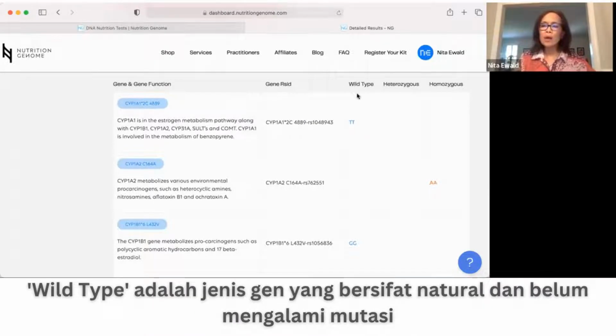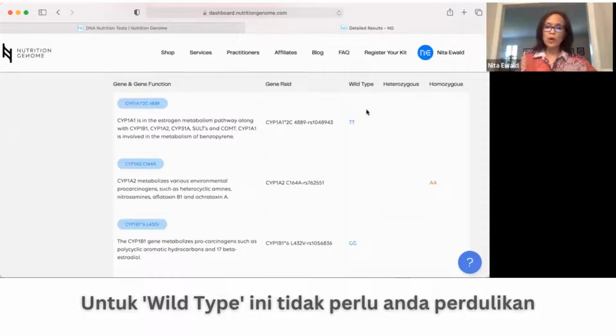Wild type is a term used to describe a gene when it is found in its natural, non-mutated or unchanged form. So basically, you don't need to worry about it if it's wild type.